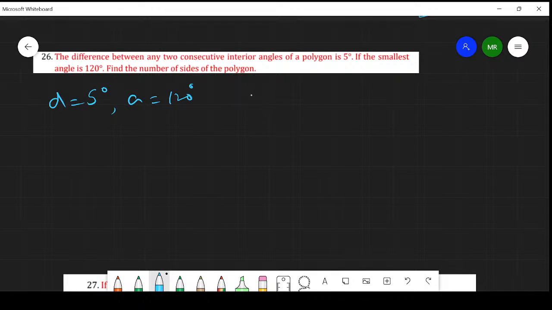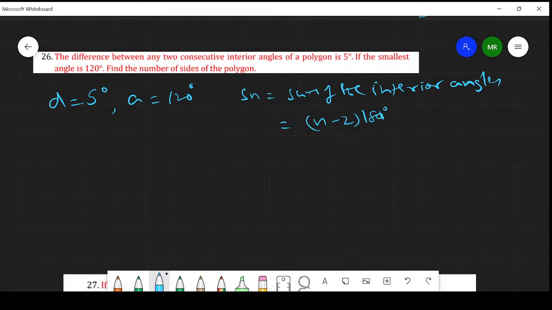But we know the sum of the interior angles. You can write Sn is equal to the sum of the interior angles. What is the sum of the interior angles? Always remember, the sum of the interior angles is equal to (n minus 2) into 180 degrees.